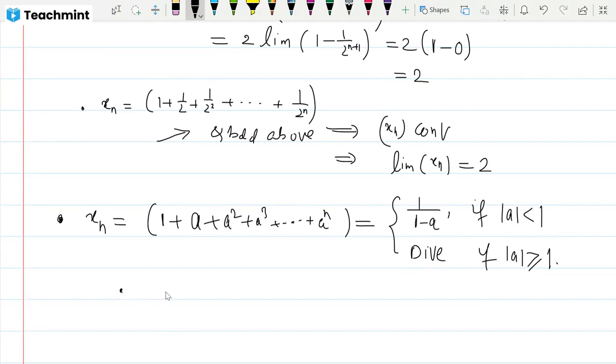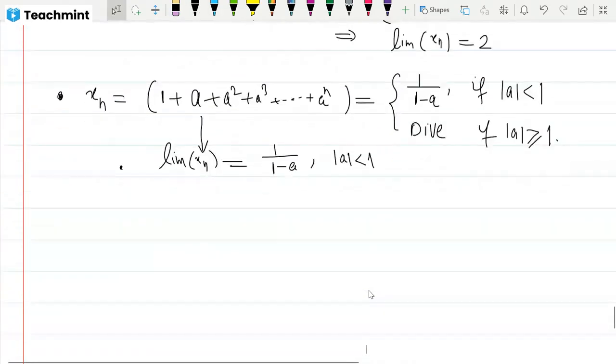So this is the same as the limit of the sequence xn, the above sequence, which is 1 by 1 minus a, provided mod a is less than 1. This is nothing but the sum of an infinite geometric series, and that sum is valid if mod a is less than 1. So I'm not going to spend much time on this same question.